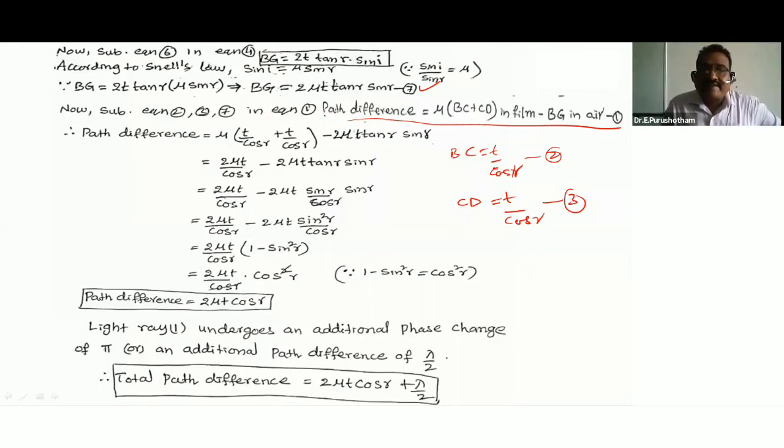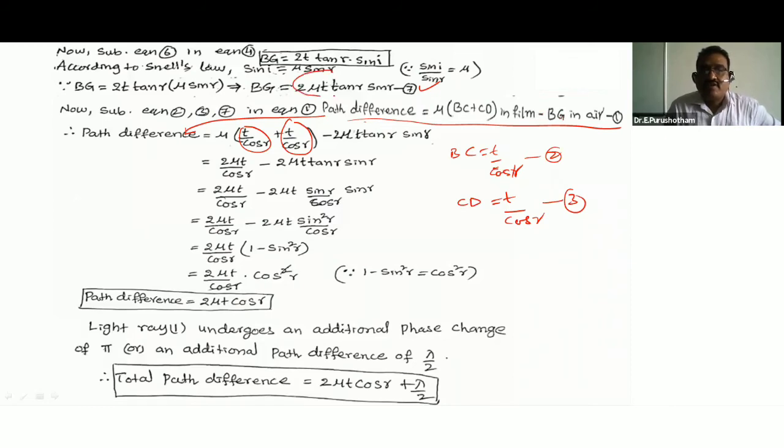So path difference is equal to mu as it is. So BC we should substitute T by cos R plus CD T by cos R minus, as it is, minus BG. What is BG?